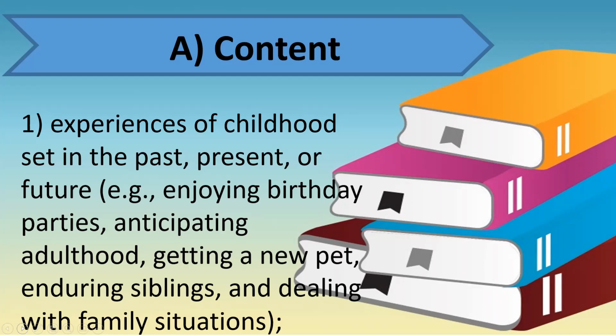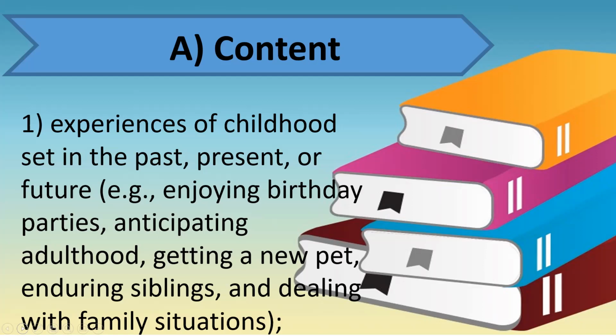Okay. Next, we also have anticipating adulthood, or others call it the coming of age literatures. So how are they going to grow from child to adolescent to adulthood? So these are stories of relevance for them. Getting a new pet, enduring siblings, of course, that is something about their experiences as well.